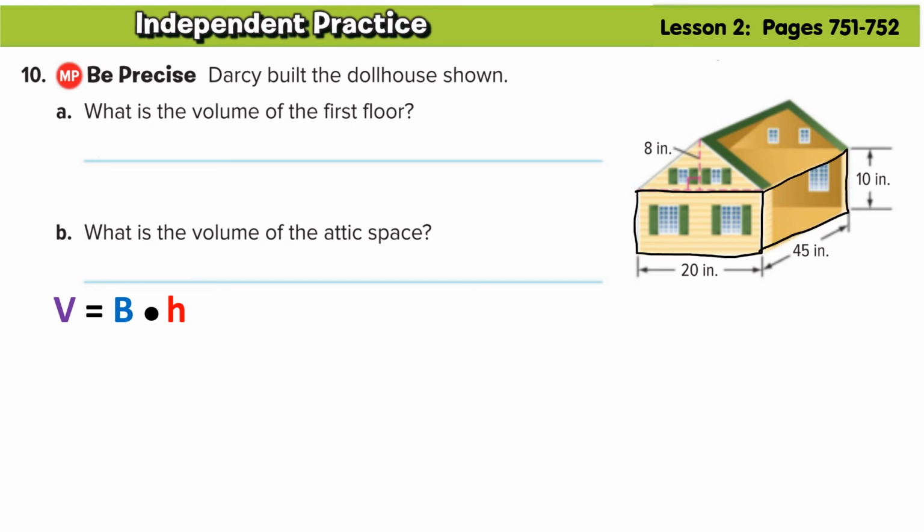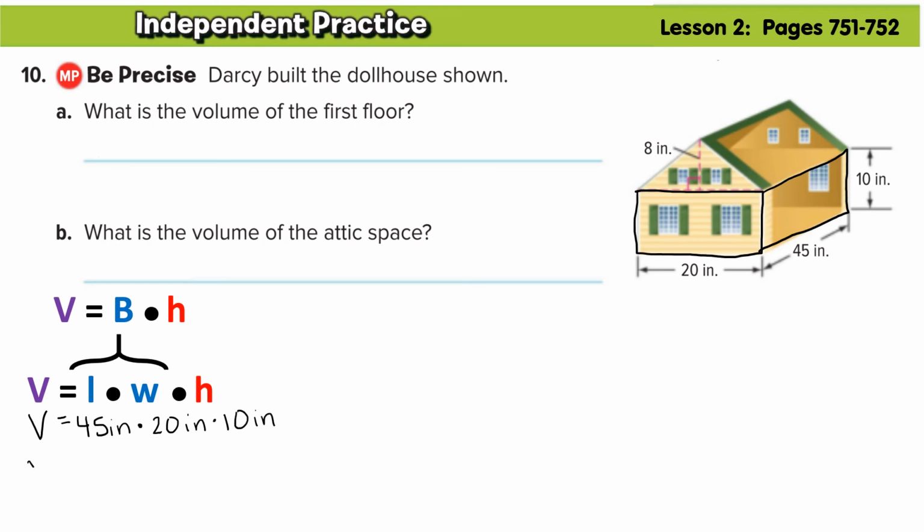So we are going to use, for the area of the base, length times width. So volume is going to equal the length, which is 45 inches, times the width, which is 20 inches, and the height is 10 inches.